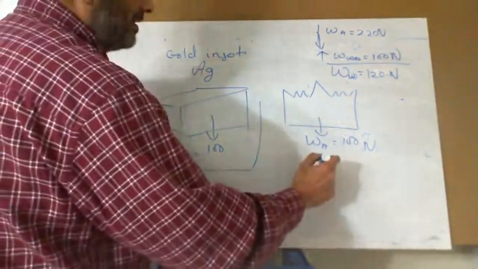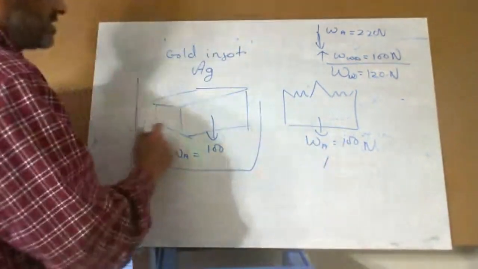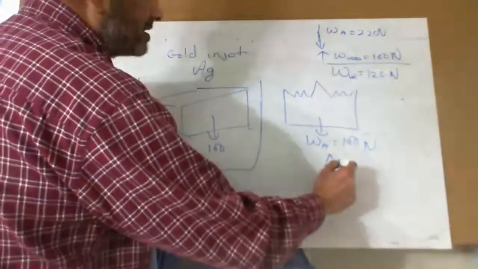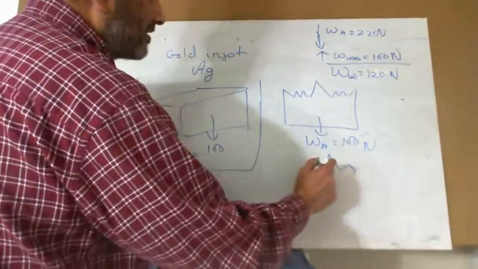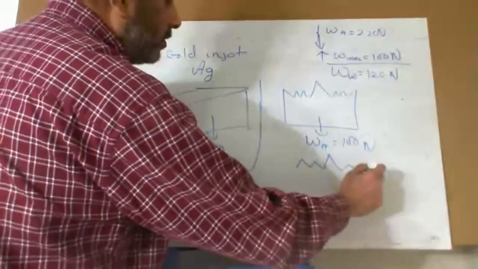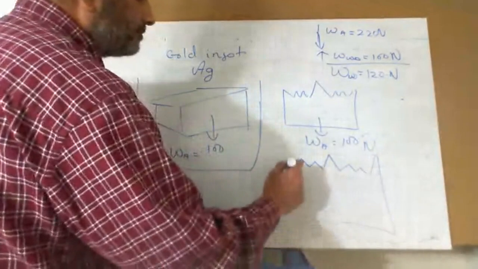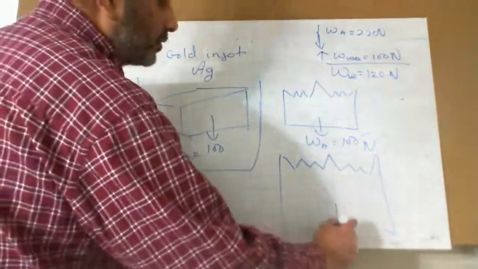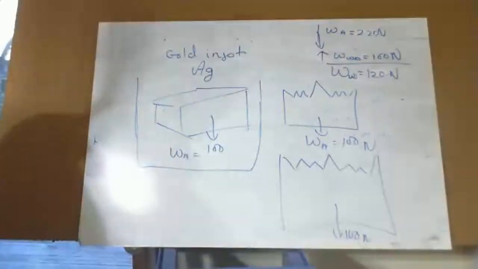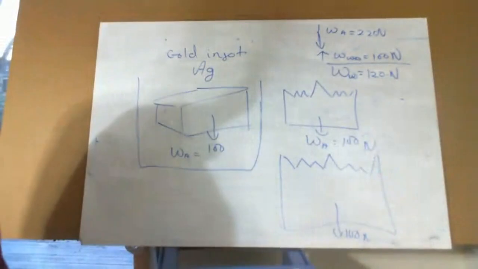Suppose, though in those days aluminum wasn't invented, suppose there was aluminum. Aluminum has a very small density compared to other metals. So can you see he would need a lot more aluminum to get 100 newtons, right? Suppose he made a crown of aluminum and painted it with gold and gave it to the king.